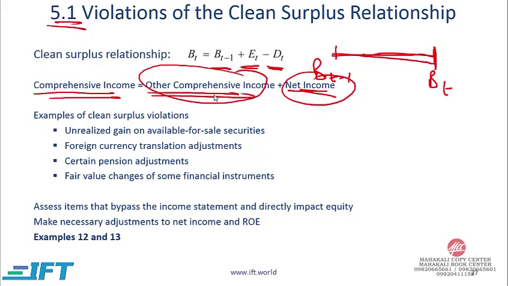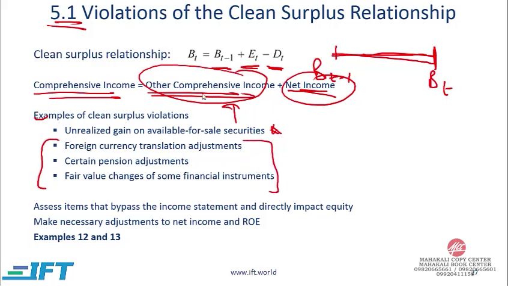And I hope you also recall from before, there are classic items that are contained within OCI, such as unrealized gain on AFS securities, foreign currency translation adjustments, certain pension adjustments go through OCI, fair value changes of some financial instruments also flow through OCI. At level 1, you understood this first item. In level 2, in the FRA part of the curriculum, you have also learnt about these other items.